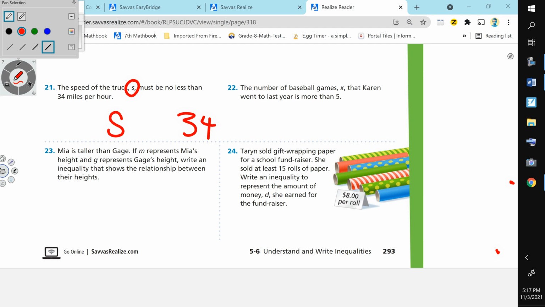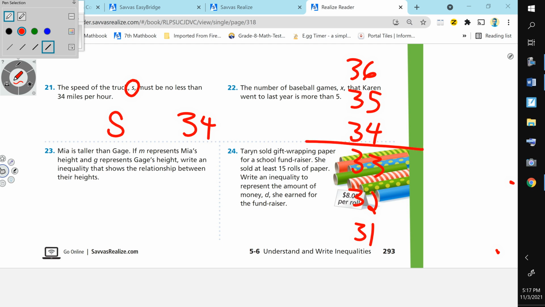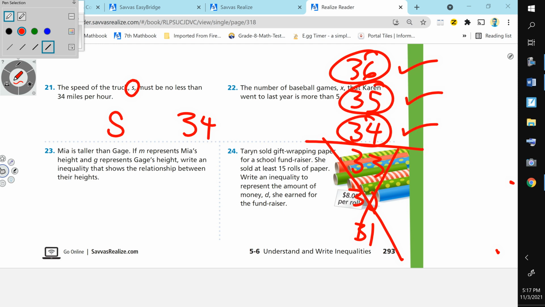So let's think of it this way. So this is the speed no less. That means the lowest it can be is this. You can't go lower. That's fine. It can be that. That's not less than 34. This is fine. It can even be 34, but it cannot be less than 34.